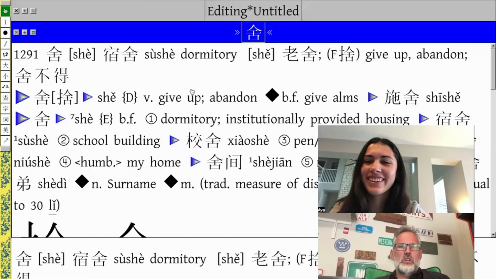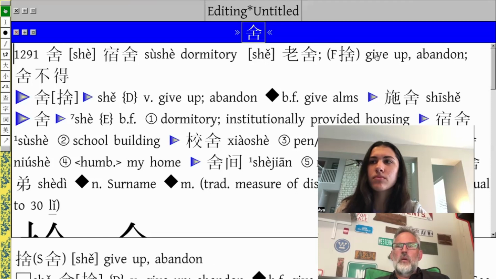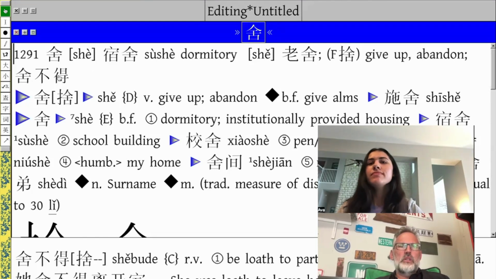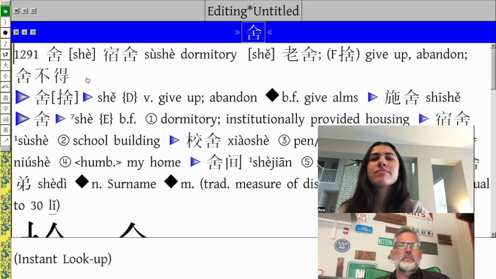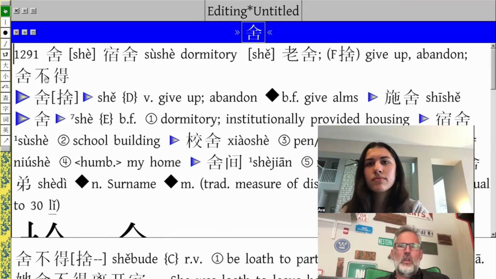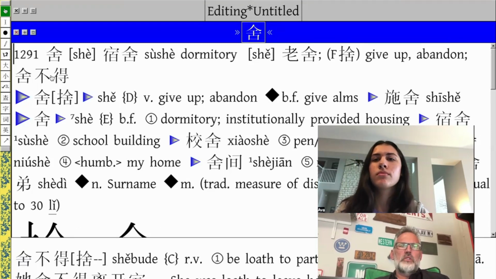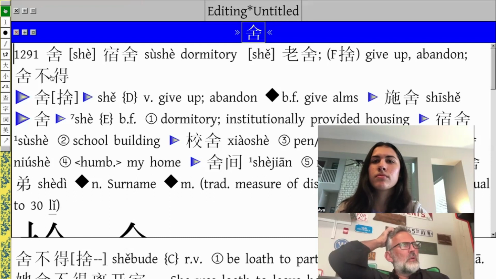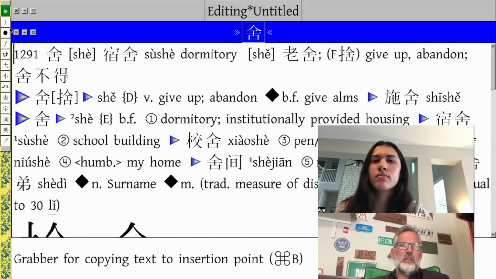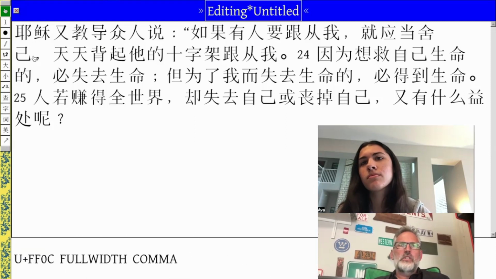So this, it says, can be like give up or abandon. 舍不得, I think, is like I can't give up, be loath to give up. That's a grammatical construction I'm not going to explain right now, but anyway, 就应当设计, and then what's this?